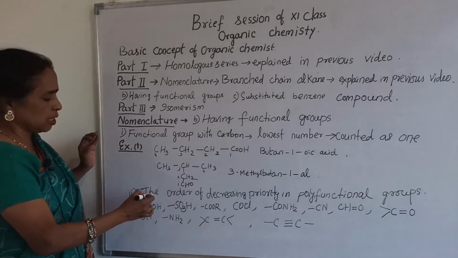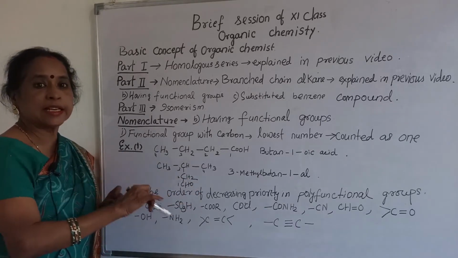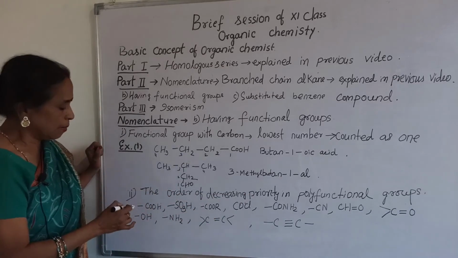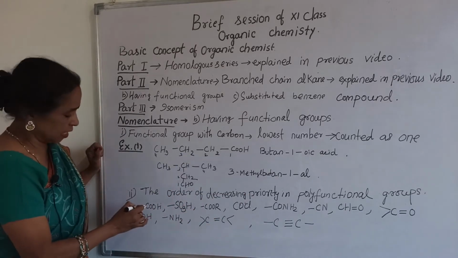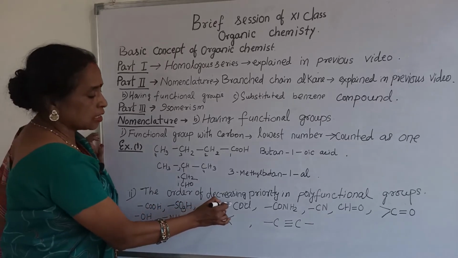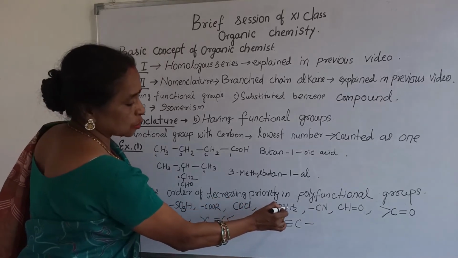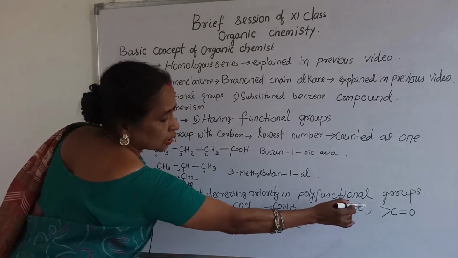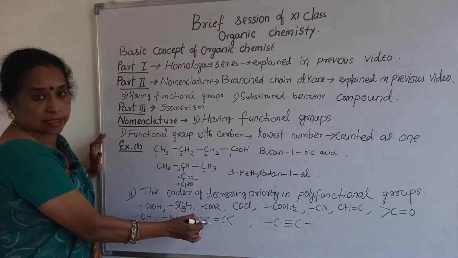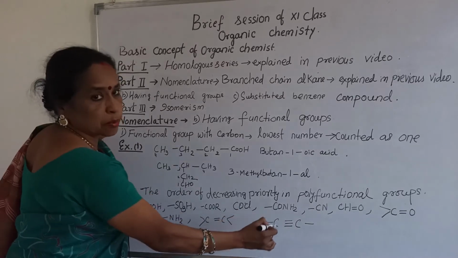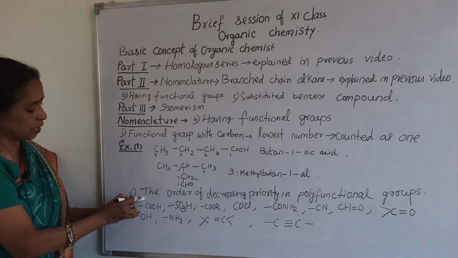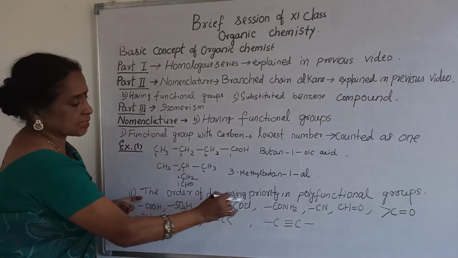There is a rule of decreasing order of priority: COOH, SO3H, COOR, COCl, CONH2, CN, CHO, C=O, OH, NH2, C=C and C≡C. The best priority is given first, then it decreases like this.